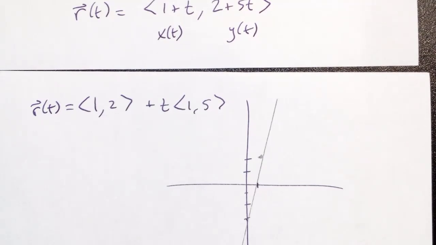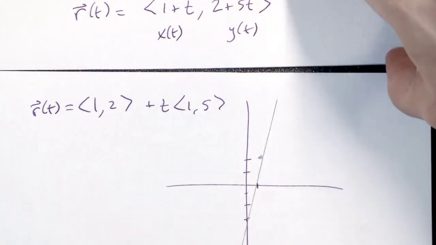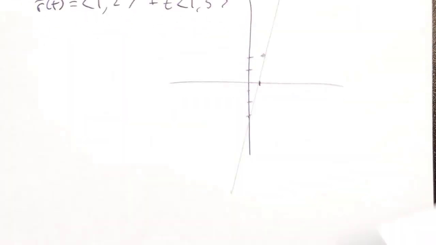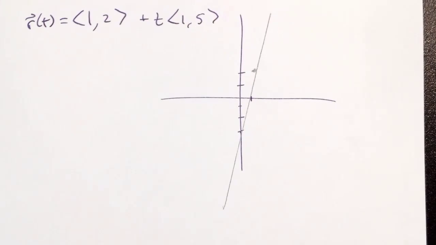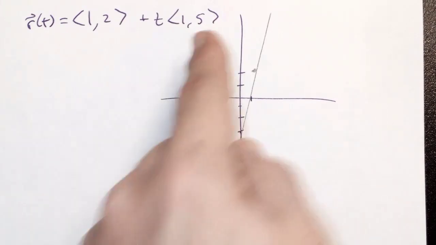What I don't see on this picture is the actual vector r. What I see here are the points I get for different values of t. So where is the vector r itself? R is in components, right? We wrote it in component form.